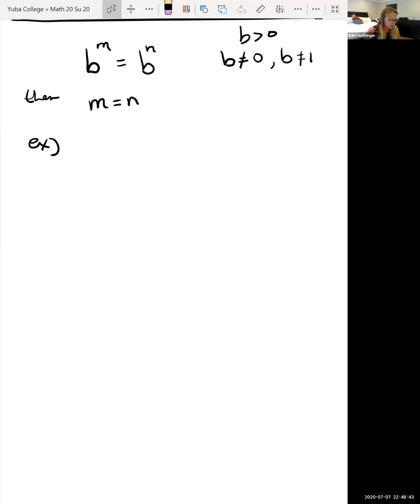So let me just throw out a hard one real quick. How about 4 raised to the x times 2 raised to the x squared is equal to 16 squared. The equation is saying solve the following equation.